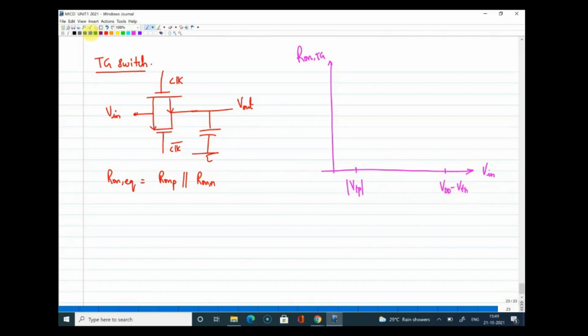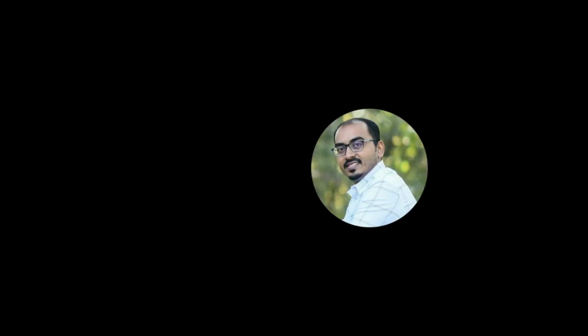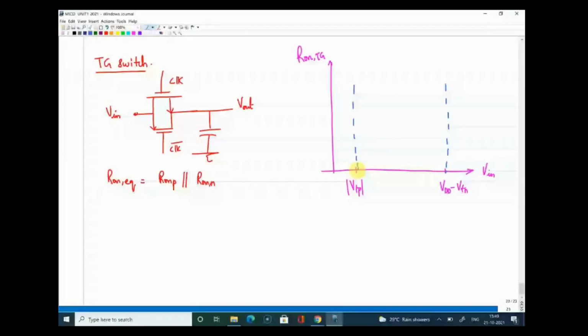VTN. So for an NMOS switch, initially at 0 you will have some on resistance, and that will increase like this.